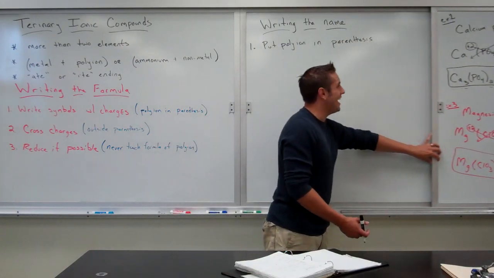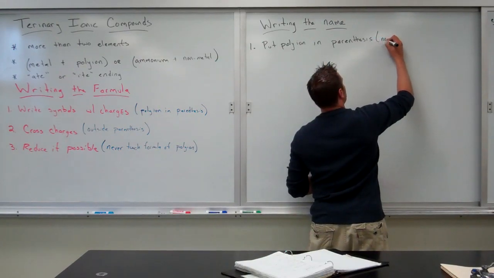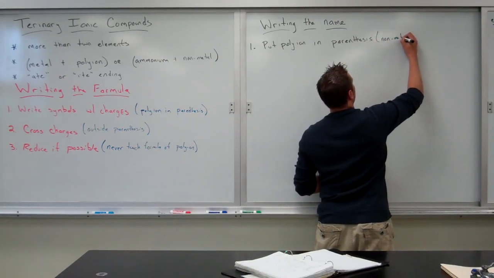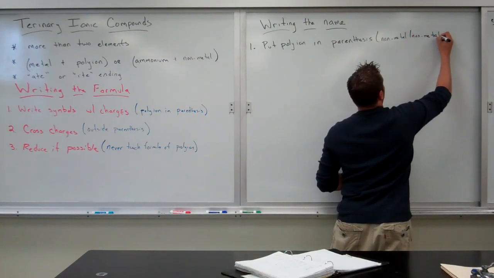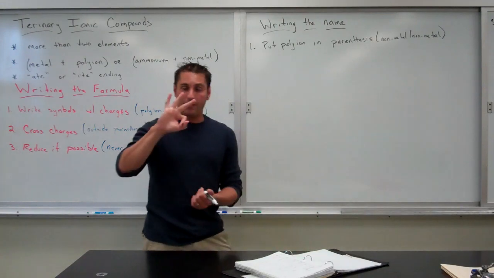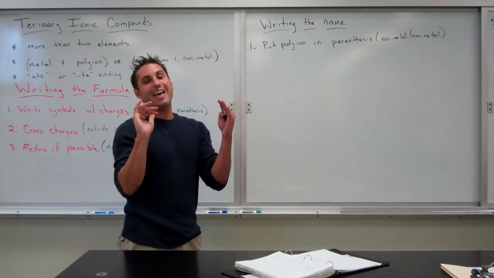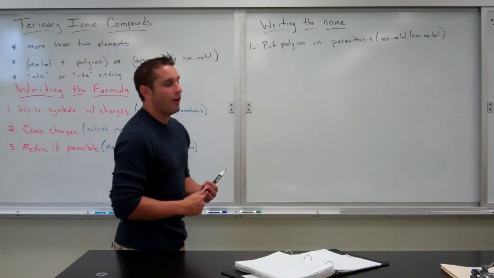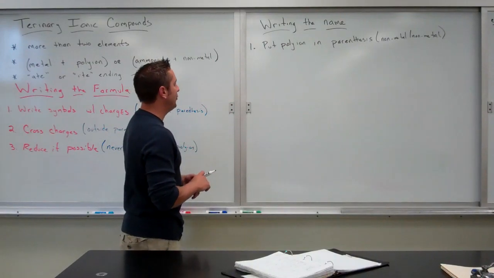Another way you can tell is the polyion part is always going to be the non-metal part. So if you look at a compound that has 3 elements, find the 2 of them that are non-metals, and that has to be the polyion. Until you get them memorized and they'll just stand out, that will help you.